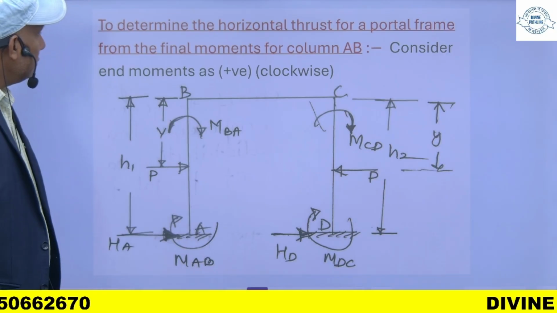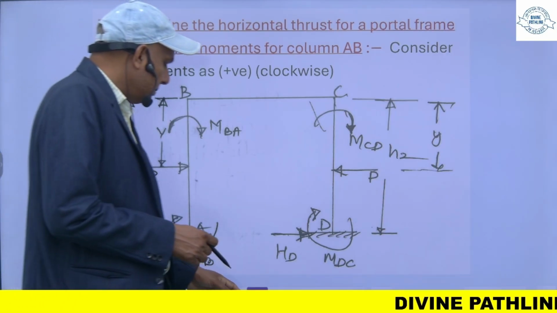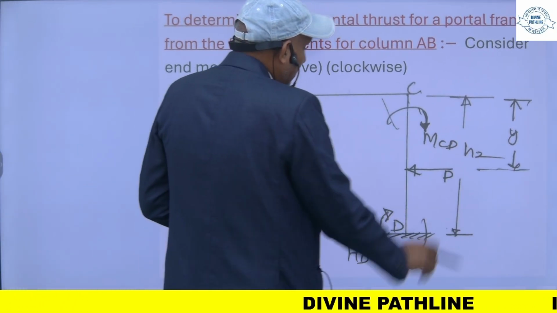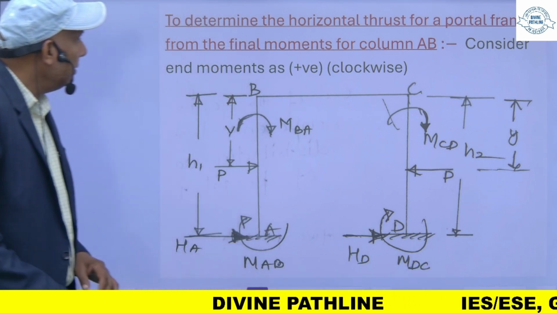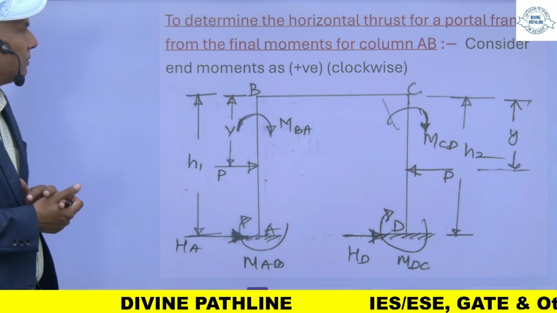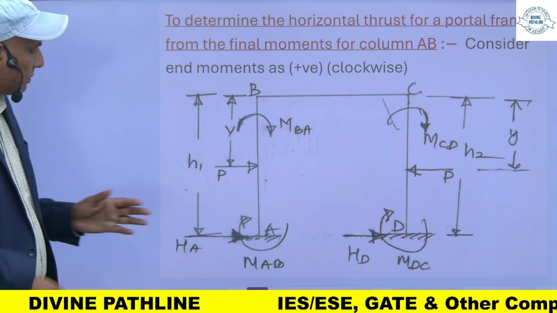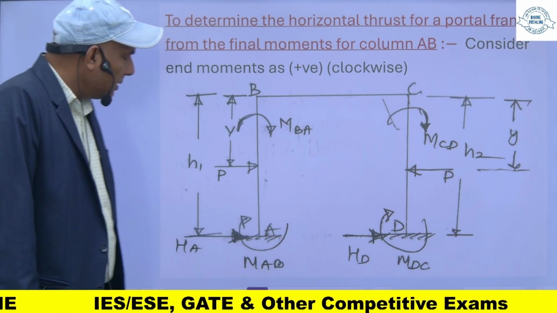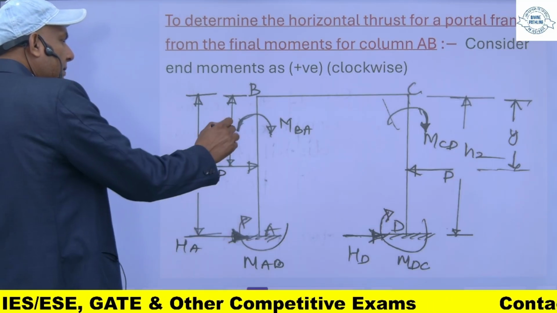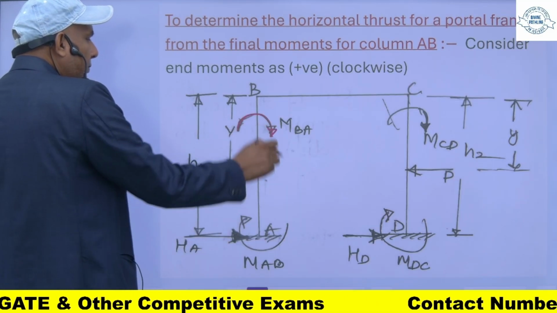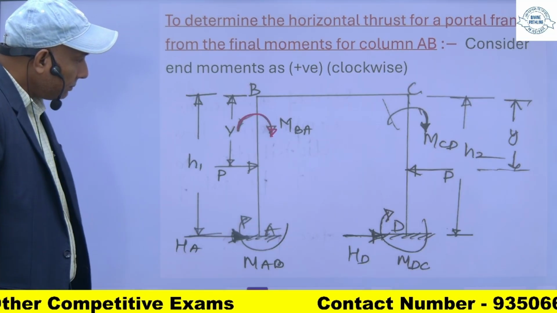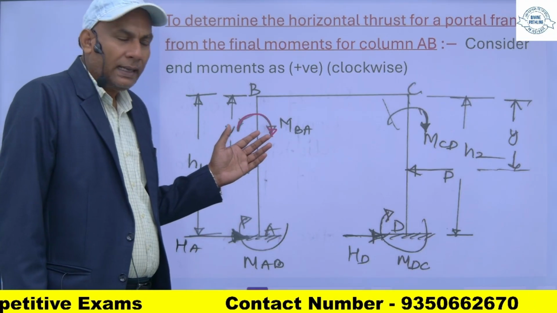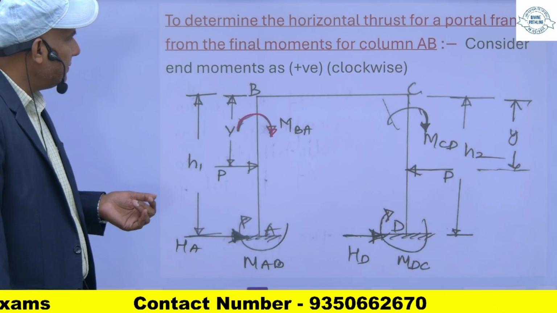So to determine the horizontal thrust for a portal frame from the final moments for columns. Suppose for this member, this is my portal frame, and consider the fixed end moments. Consider clockwise, as clockwise moments are positive and anti-clockwise negative.